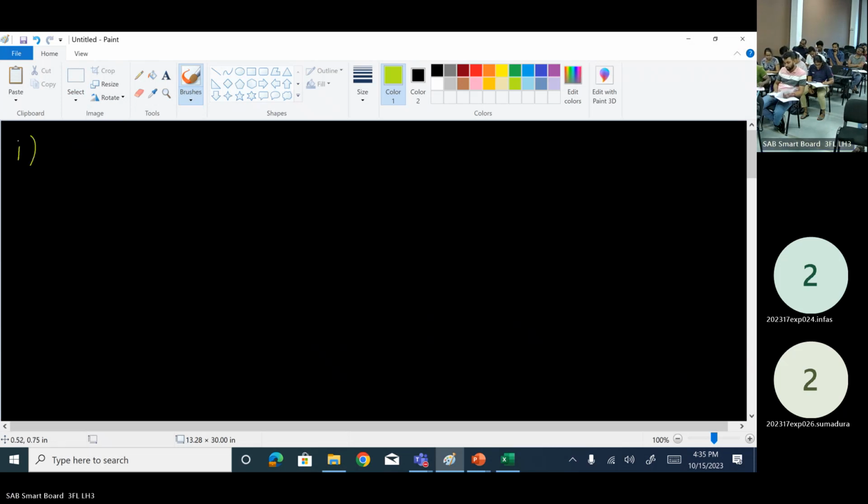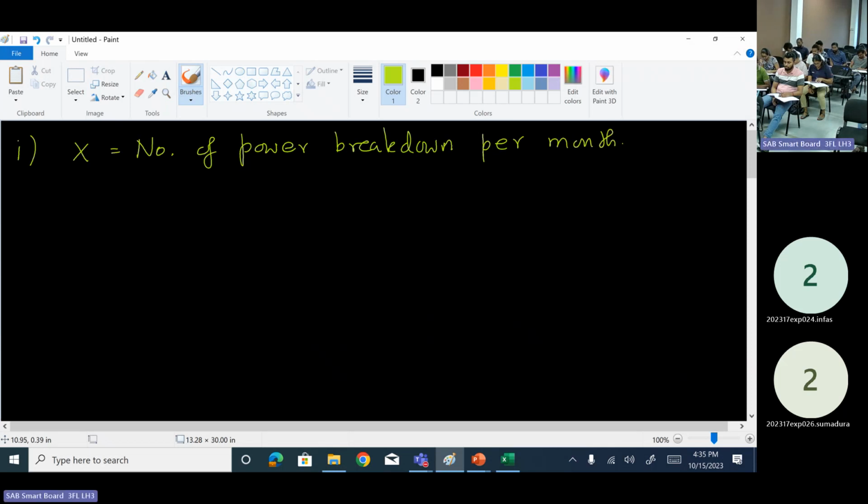First part, X is the number of power breakdowns per month. Number of happenings during a fixed period, first category.